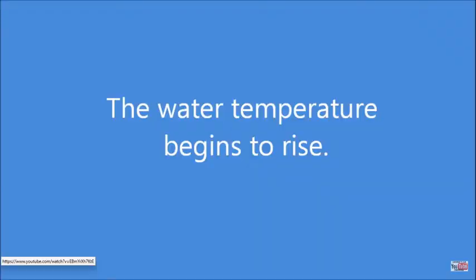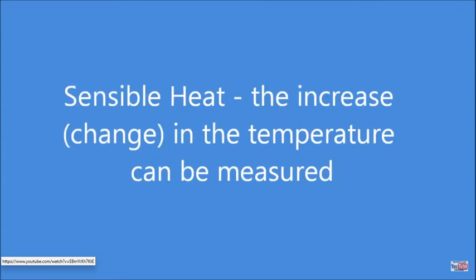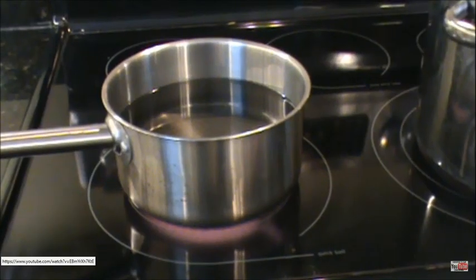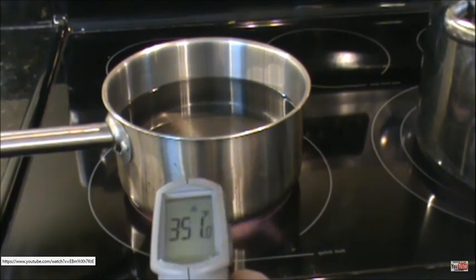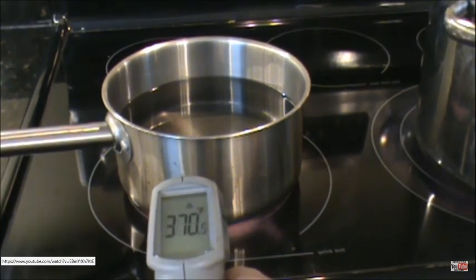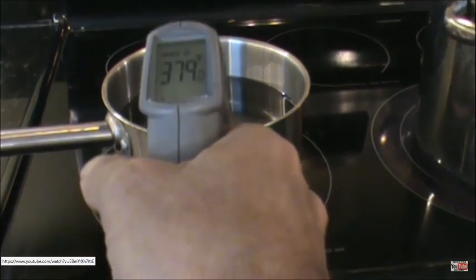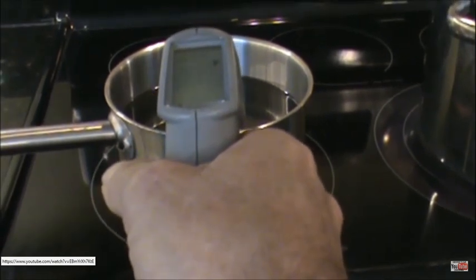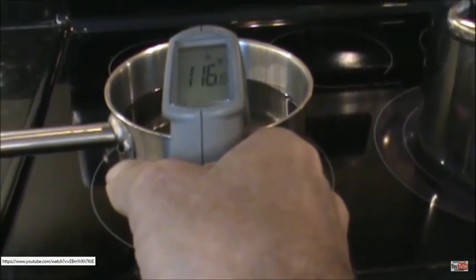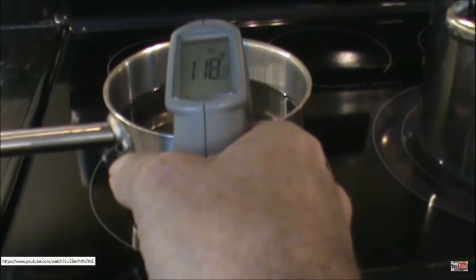And of course the water temperature is rising. Sensible heat increases. It keeps changing and changing and changing. Its surrounding is changing. Now the burner is almost 400 degrees. The water has moved up to 114, 116, 117.